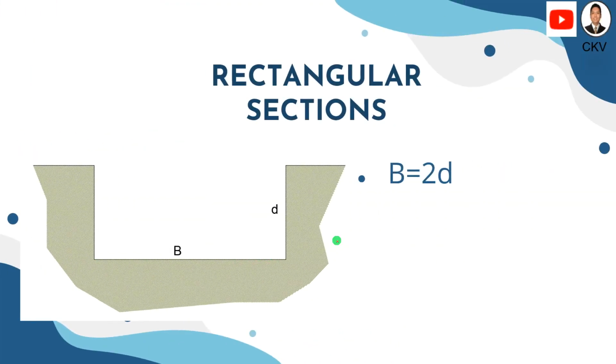Okay, for rectangular sections, the most efficient section should have a dimension of width b, which is equivalent to twice its depth. Okay, or b equals 2d. This length b here should be twice the value of its depth.